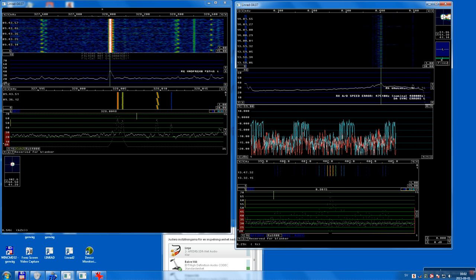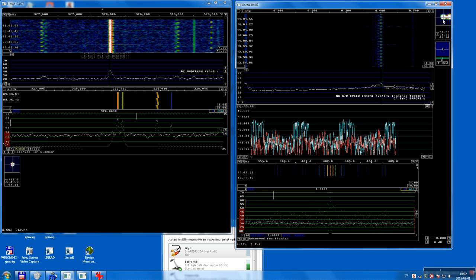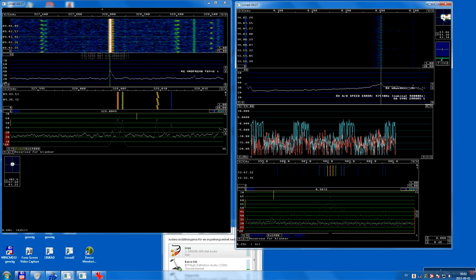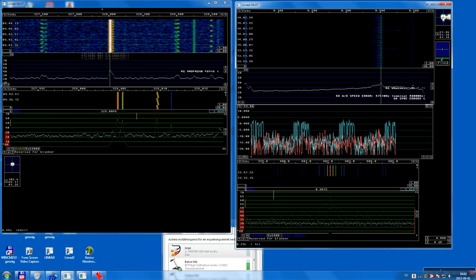But up here in the coherent graph, as I call it, it's showing I and Q, I horizontally and Q vertically. In the gaps between keying we have this blob, and when the signal is sent you have another blob here.